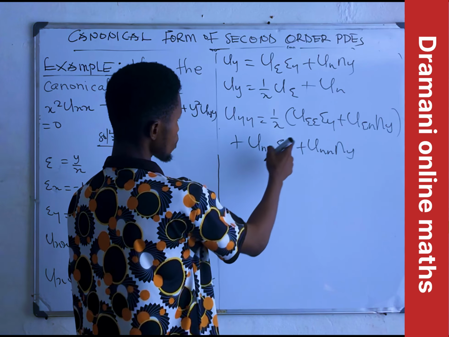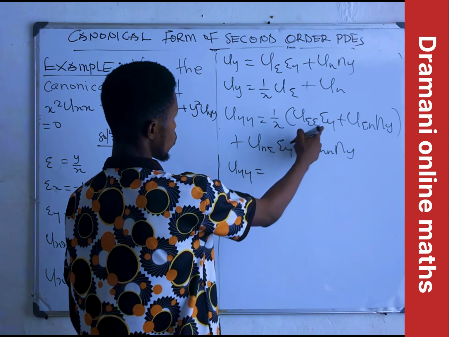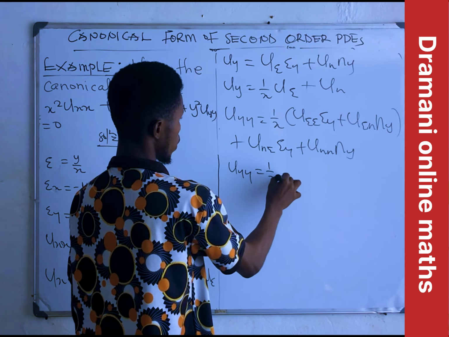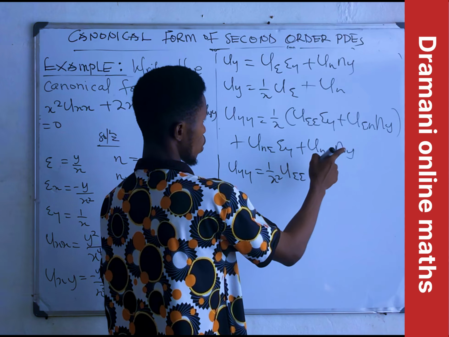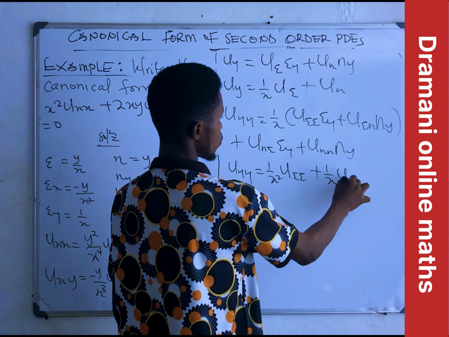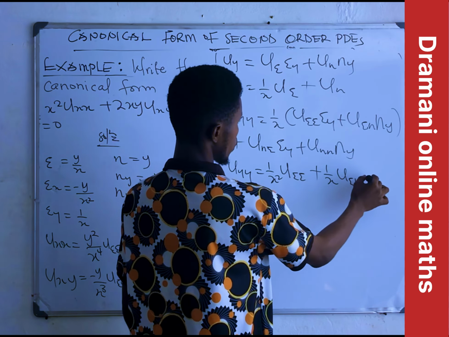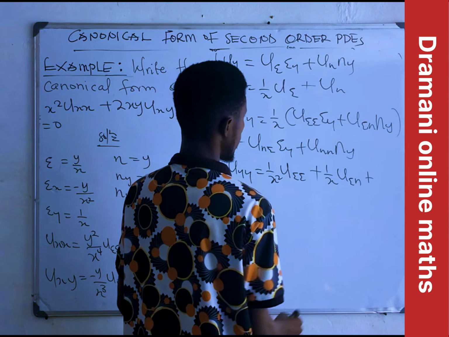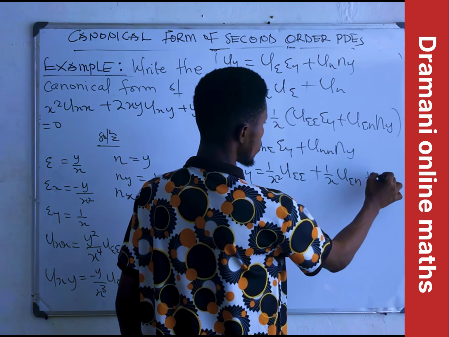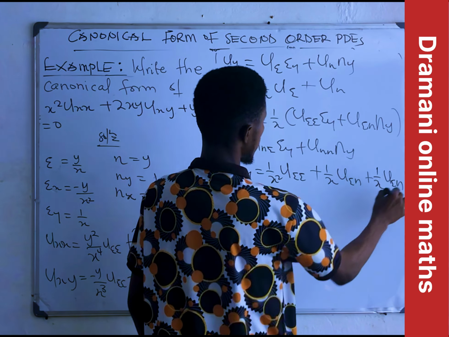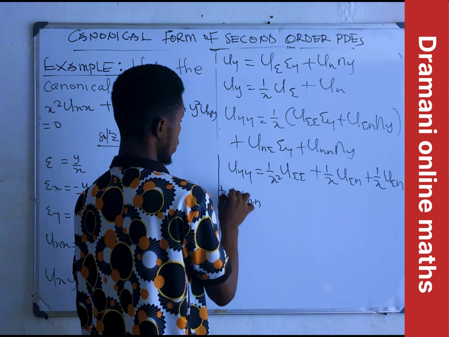Now here, ξ_y is 1 over x, so I'm going to have u_yy equal 1 over x times this will be 1 over x u_ξξ plus η_y is 1, 1 times this will be u_ξη. ξ_y is also the same thing, plus ξ_y is 1 over x, so here it's going to be 1 over x u_ξη, and here η_y is 1, so that will give you u_ηη, that's plus.